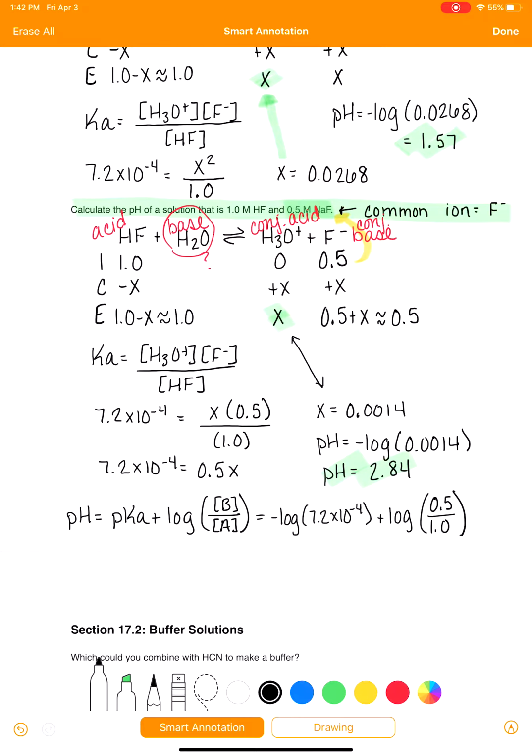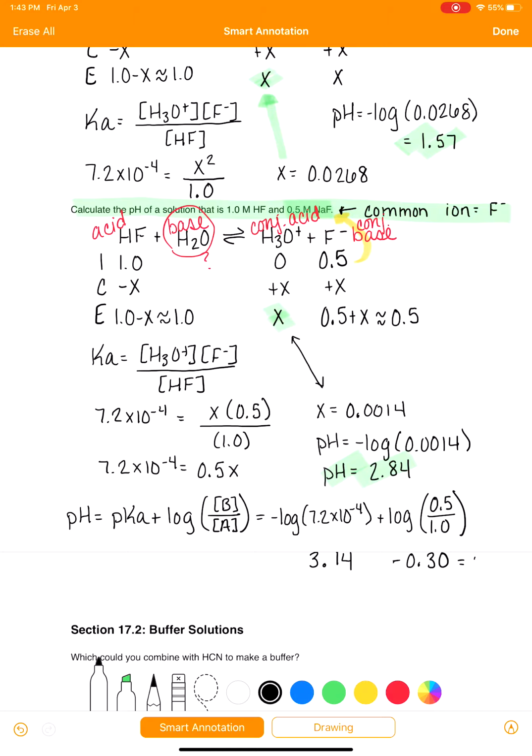For that part, I got negative 0.3. And then over here, let's calculate the pKa, the negative log of 7.2 times 10 to the minus 4. That is 3.14. Let's see what we get.